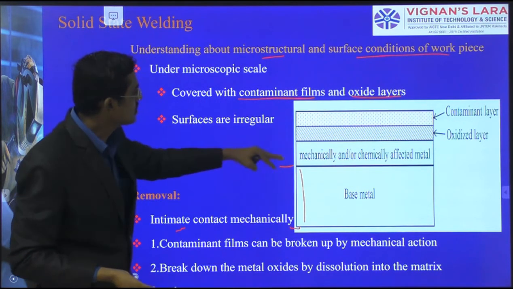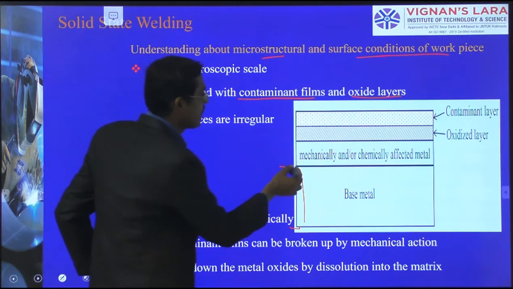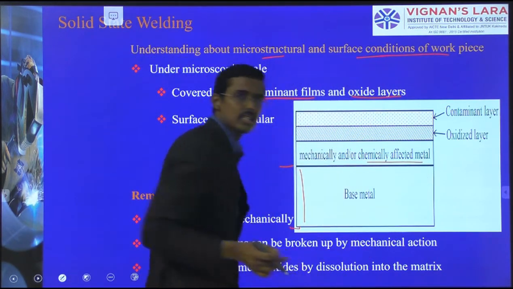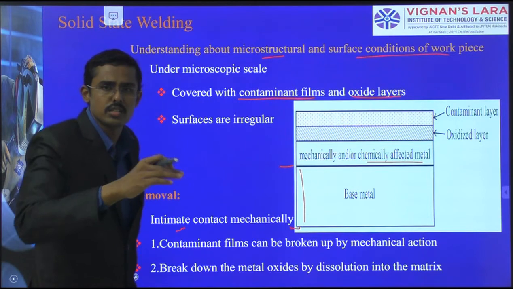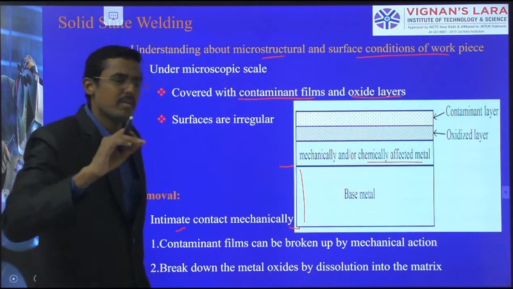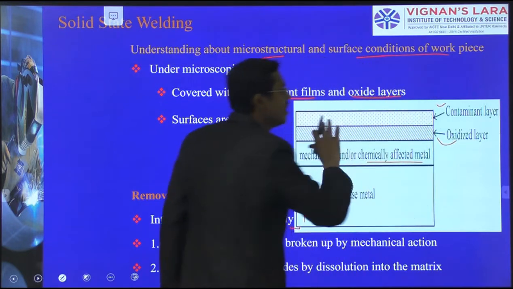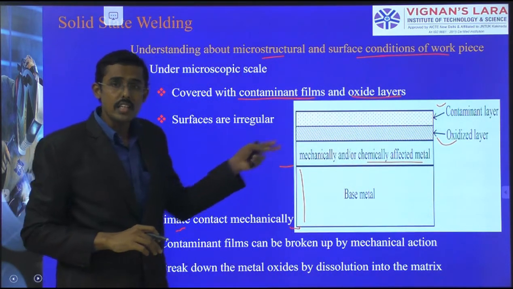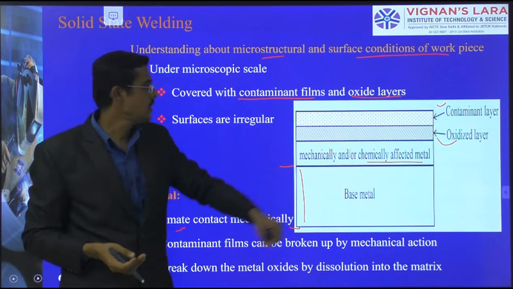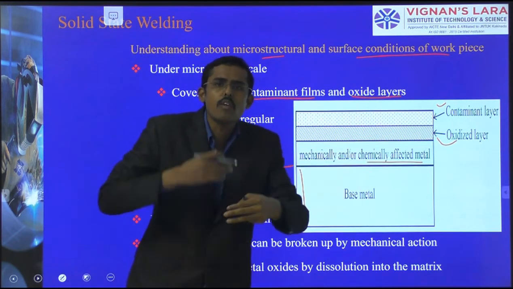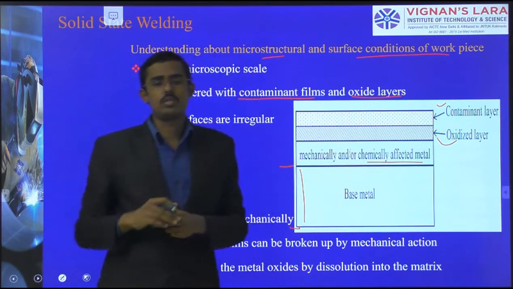Over there on the surfaces we have some mechanically and chemically affected metal. It means a layer is formed by oxidation treatments, contaminations, corrosions, and over there we see oxidation layers and contaminated layers. This is to be removed, or otherwise this oxidation layer will also become part of the welding process.